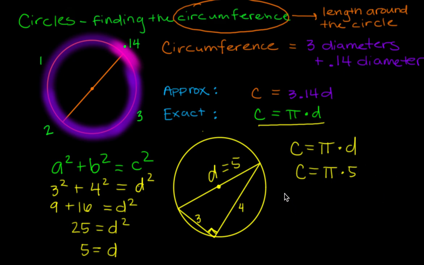You can either write it in its exact form as 5 pi, or you can simplify it to 5 times 3.14. And then when you multiply 5 times 3.14, you get the approximate answer of 15.7. And now we have the circumference of this circle. The circumference of the circle is 15.7 units around, approximately, or the exact answer being 5 pi.